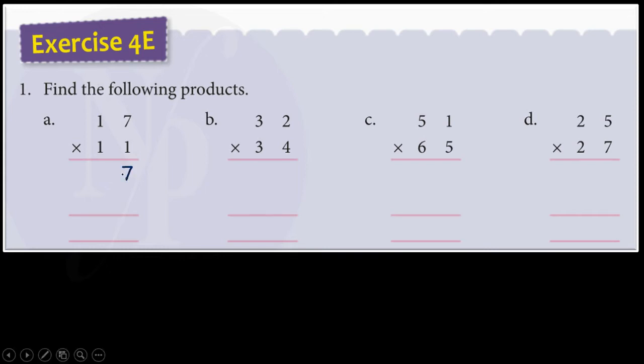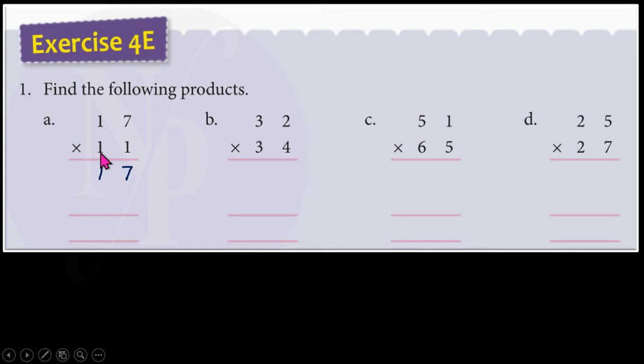And now we multiply this 1 by 1 here, 1 ones are 1, or 1 into 1 is 1, and let us write 1 in tens place. On multiplying 17 by 1, we get 17. Now we have to multiply 17 by the 1 in tens place of this multiplier.